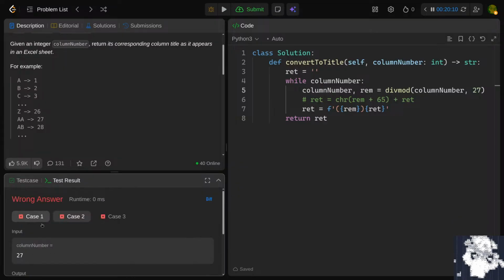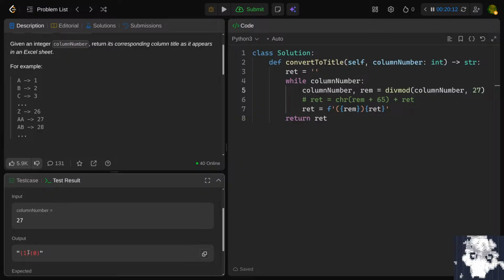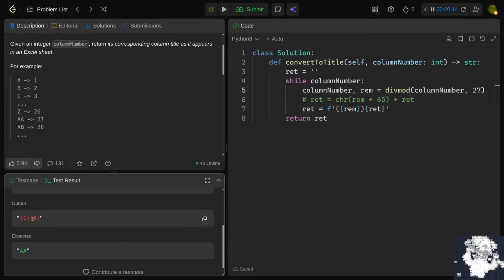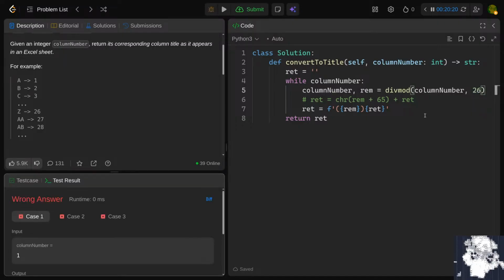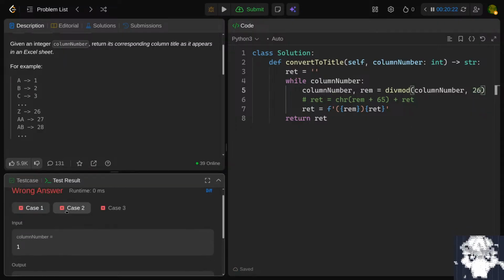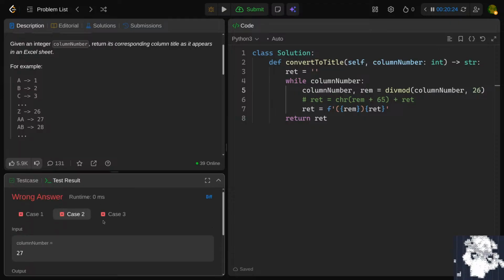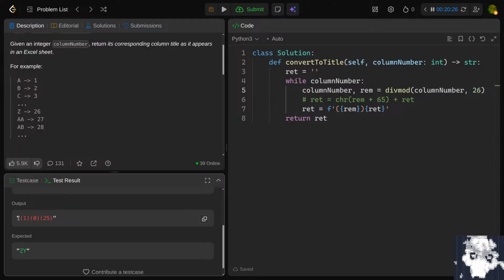Wait, this was already wrong. This shouldn't be 1, 0, it should be 1, 1. So let's bring the correct mod back. 1, 1, 1, 1, 0, 25. So how am I getting 1, 0?